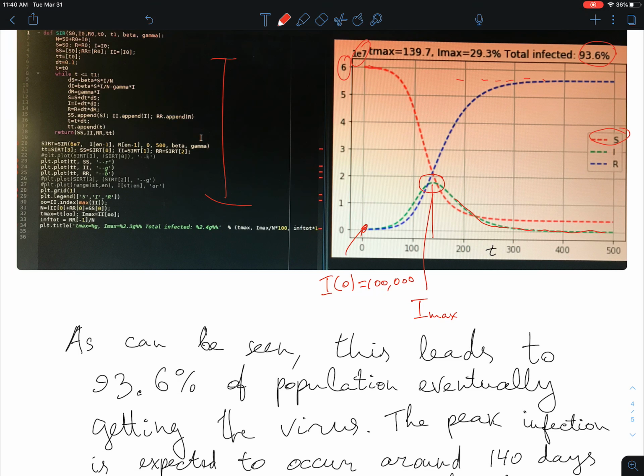But one of the goals is we don't want this huge number of infected, where at the height of the epidemic 30% of the population is in a hospital or at least infected. So we want to bring that number way down, and hopefully also bring the total number of infected way down. We want to bring this red curve up and this blue curve down.